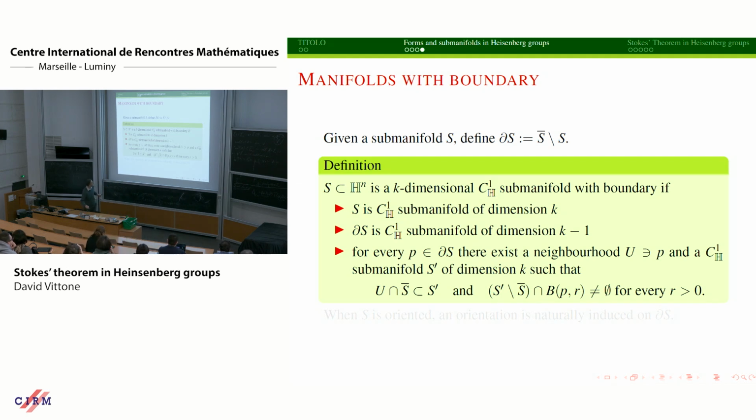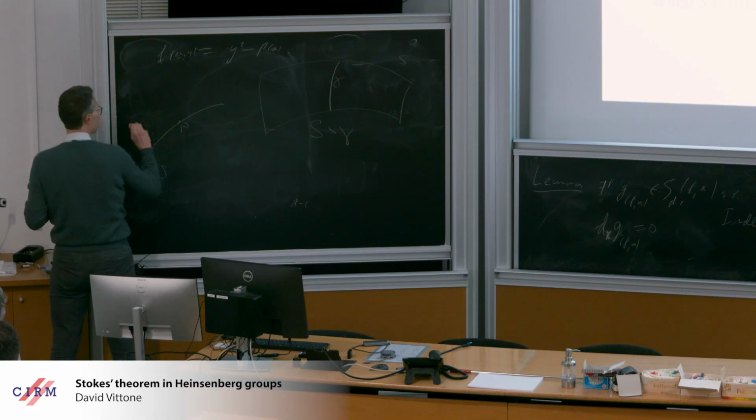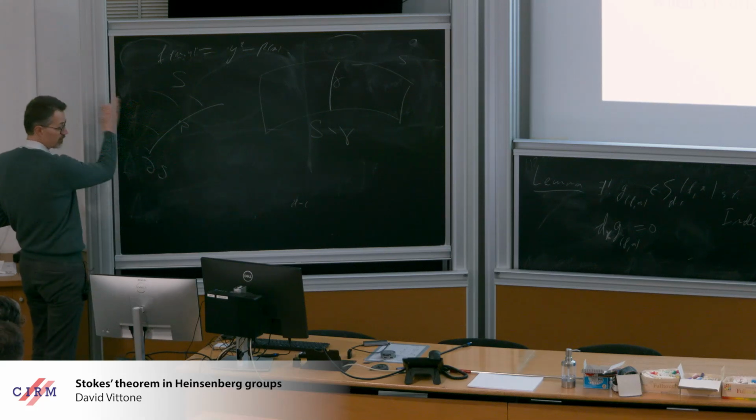For every point on the boundary, we can find a neighborhood, so locally, around points of the boundary. Imagine this is S, this is the point P, and let's say that S stays on this side.